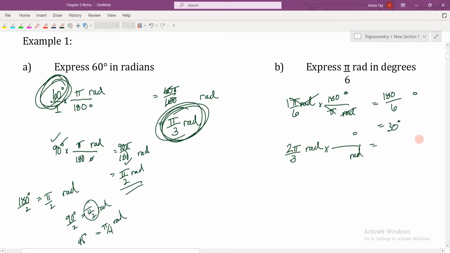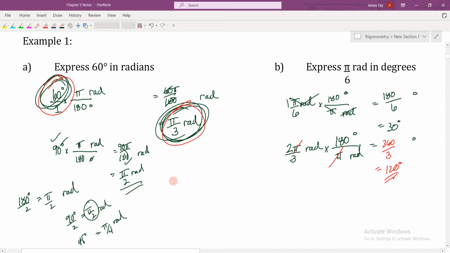Degrees up top, I'll be left with degrees in my answer. So 180 degrees for pi radians. The pi's are going to cancel. 2 times 180 is 360. 3 times 1 essentially is 3. 360 divided by 3, 120 degrees. And that's what we anticipated happening from that relationship.